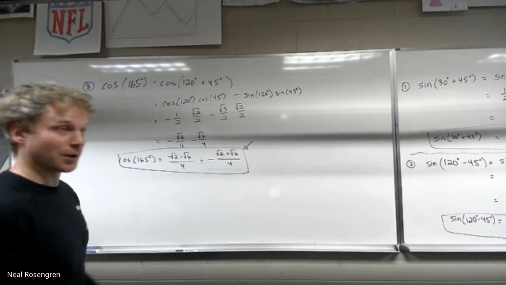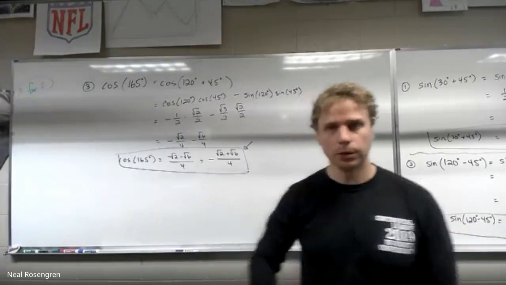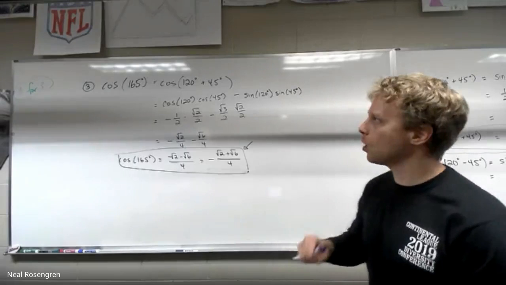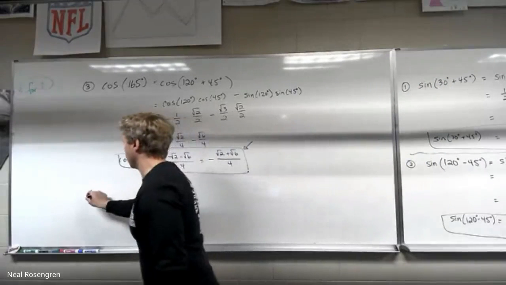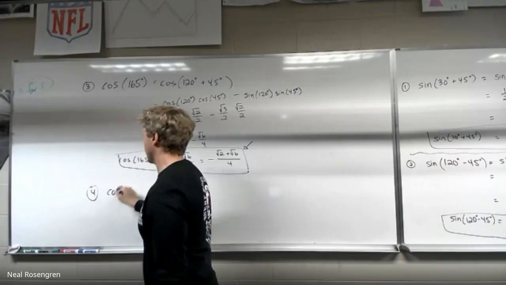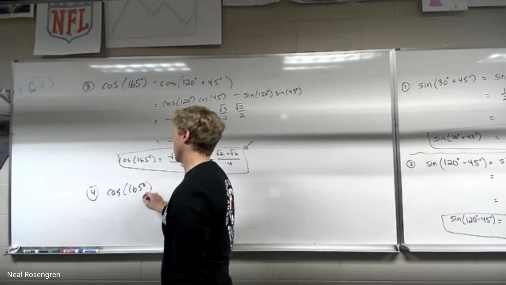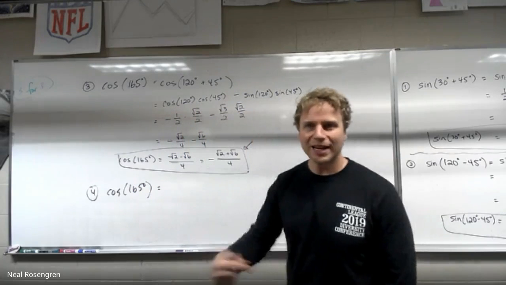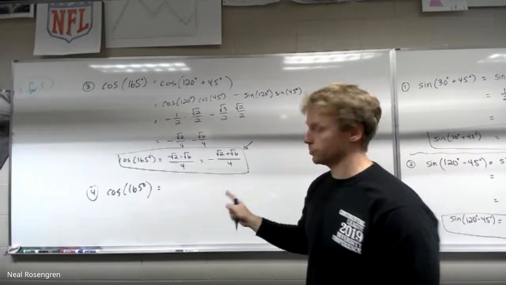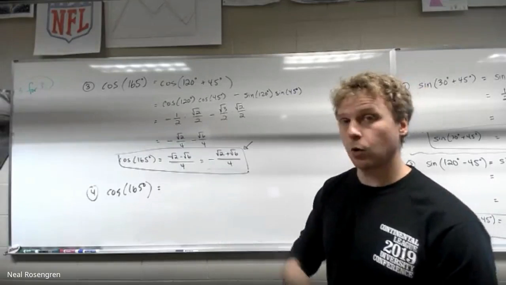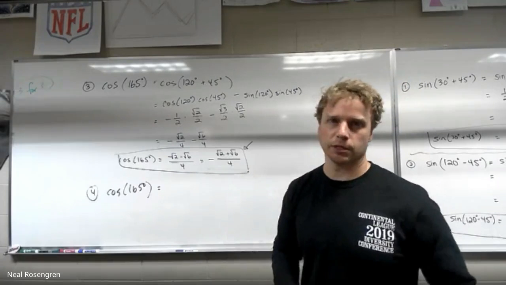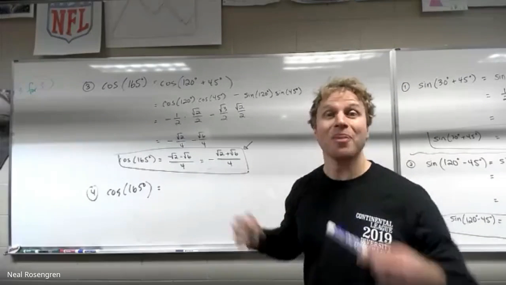Cool? Okay. Here's what I want you to do right now. For number 4, this will be the last one, find a different pair of unit circle values that you can either add or subtract and get to 165. And then do it.